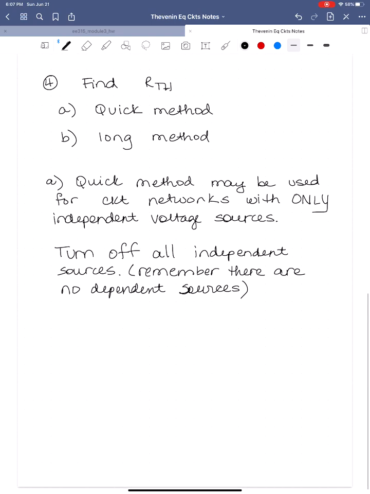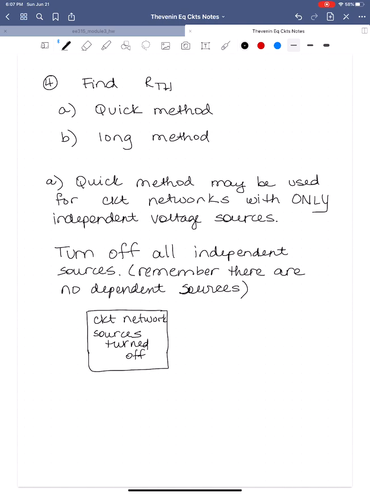Okay, and so then we will have our circuit network here. So circuit network, sources off. Okay, and then what we're going to find is relative to these 2 points, we're going to find the equivalent resistance.